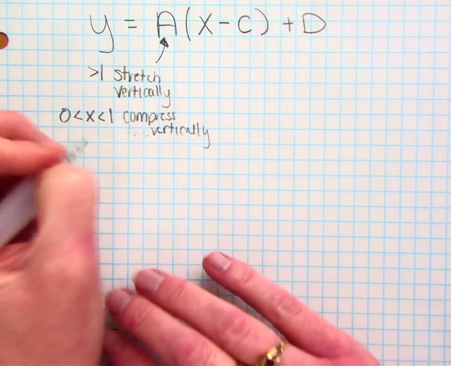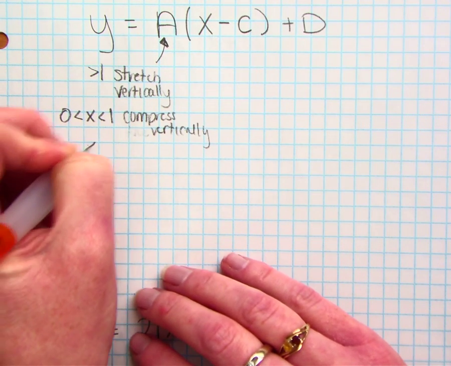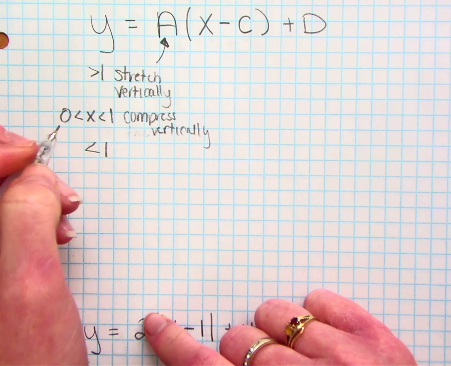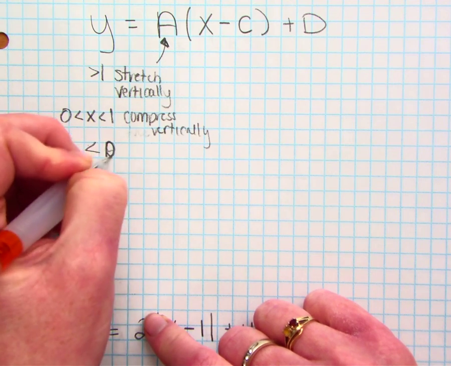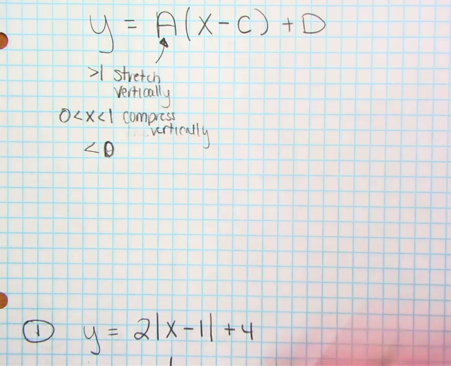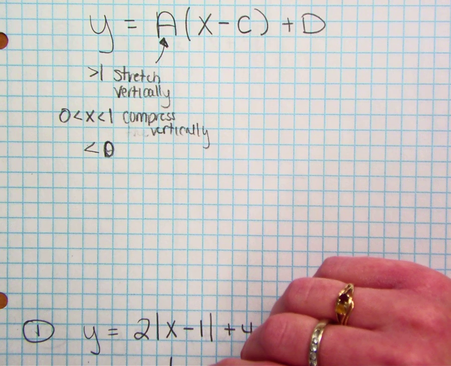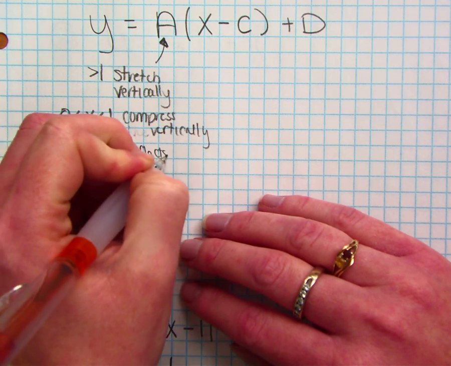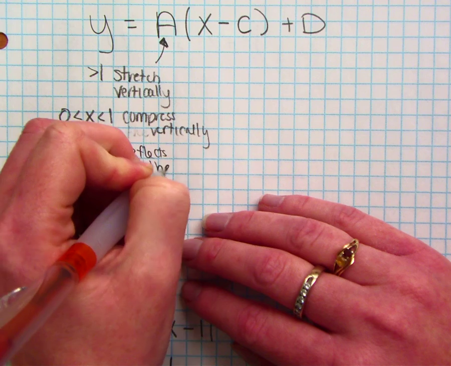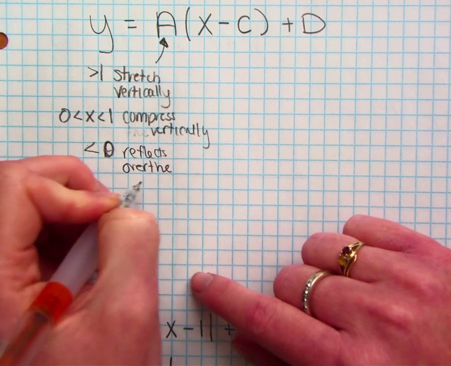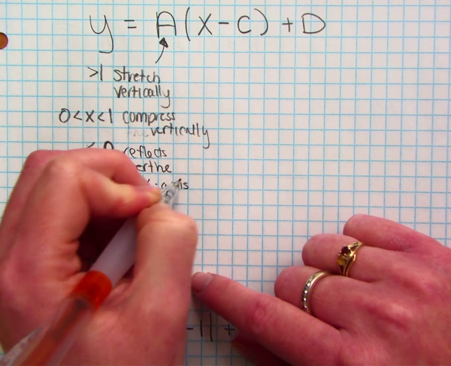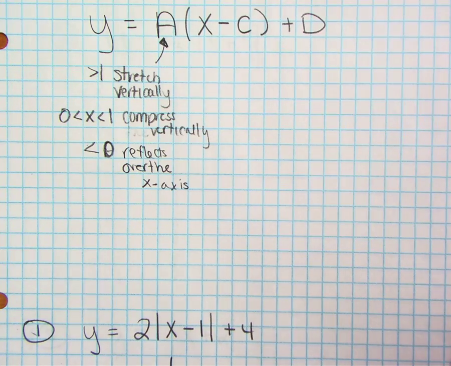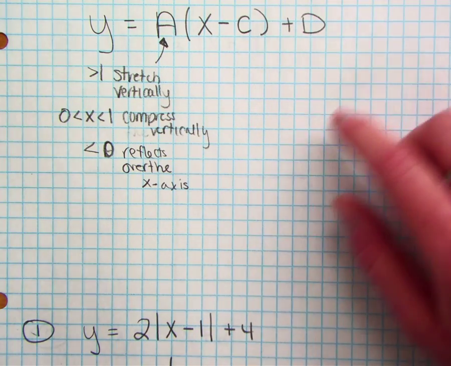And if a is a number that is less than 0, in other words, it's a negative value, then it reflects the graph over the x-axis. So that's what a does to the graph.